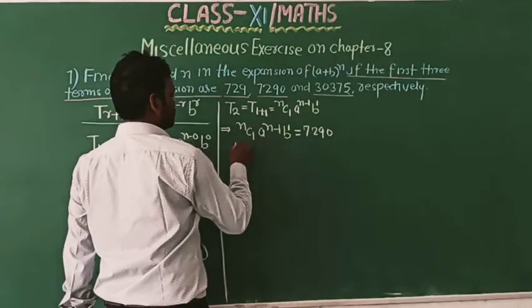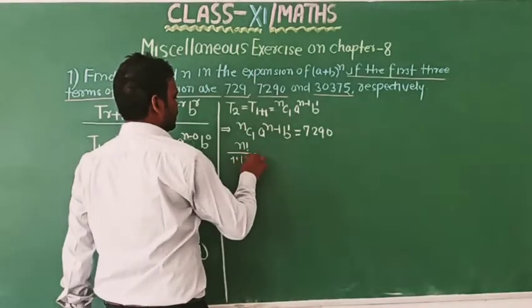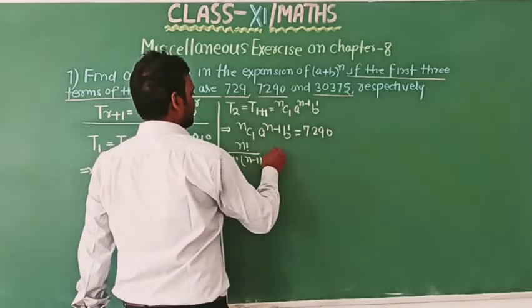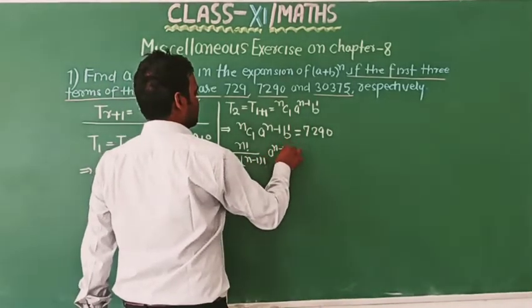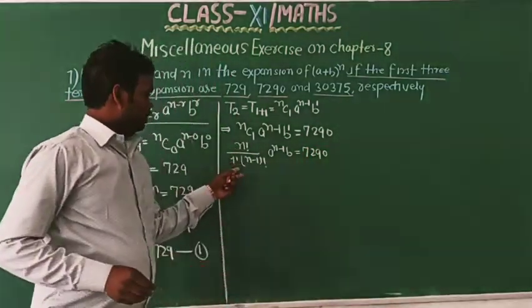So this is n factorial upon 1 factorial and n minus 1 factorial, a to the power n minus 1 and b equal to 7290.